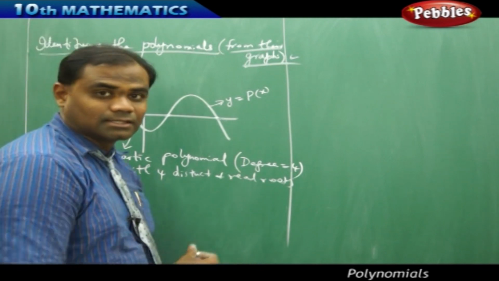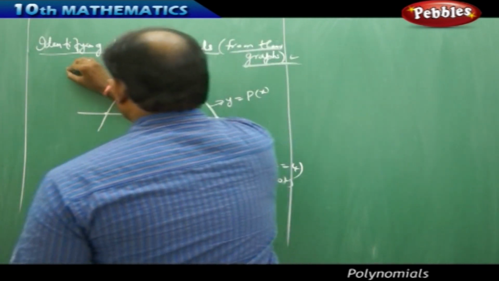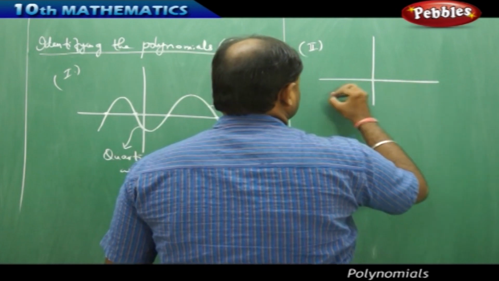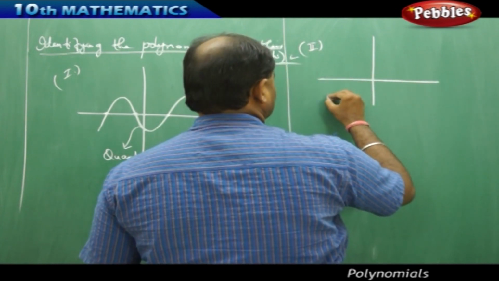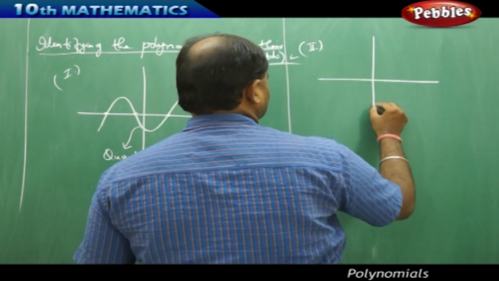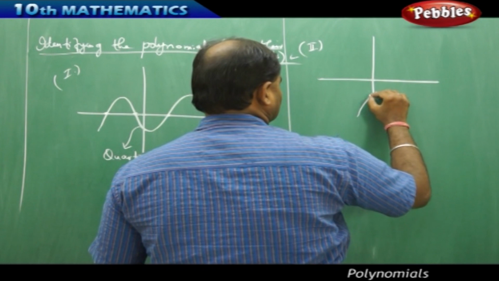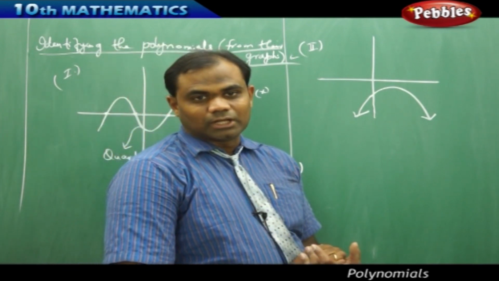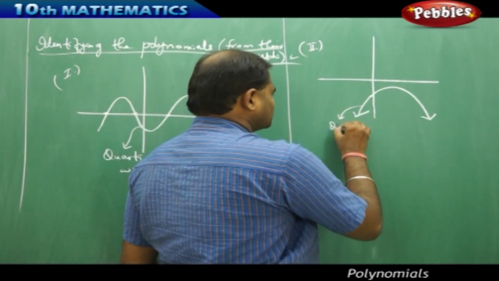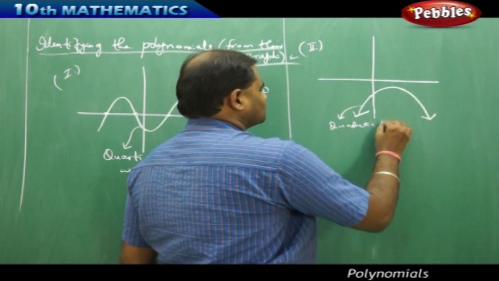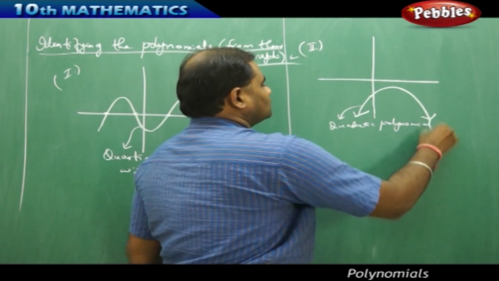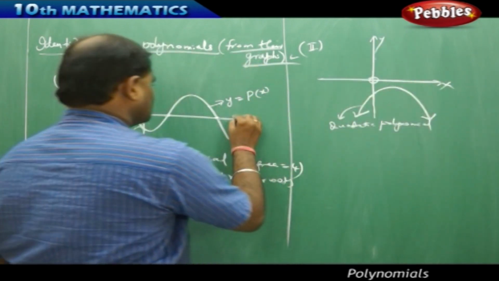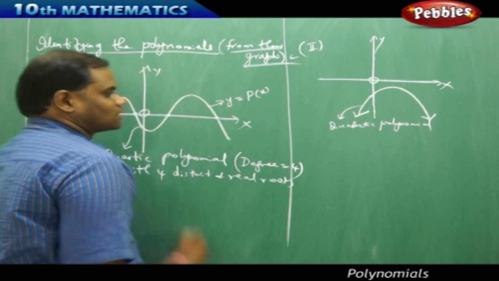Let's take another example and see how we can find. So for example, I take this, which clearly is an inverted parabola, so I identify that this is a quadratic polynomial, and because it doesn't cross the x-axis out here, it doesn't cross the x-axis.